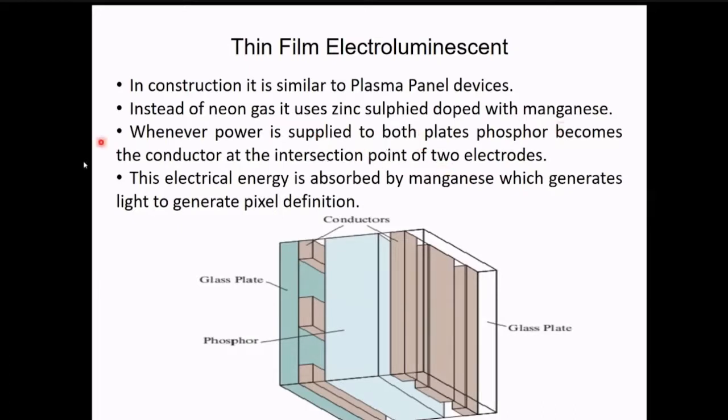What it says is when power is supplied to both the plates, phosphor becomes the conductor at the intersection point of two electrodes, and obviously we'll be creating one grid that has some kind of information with it. This electric energy is absorbed by manganese, which generates light to generate pixel definition. So over here, instead of the neon gas panel, we are using the manganese panel, which generates light to display something to the user.